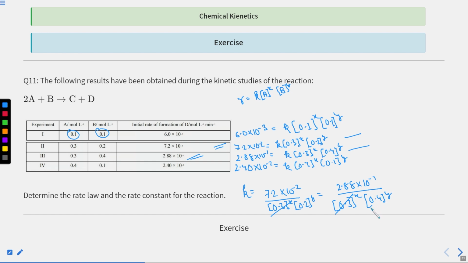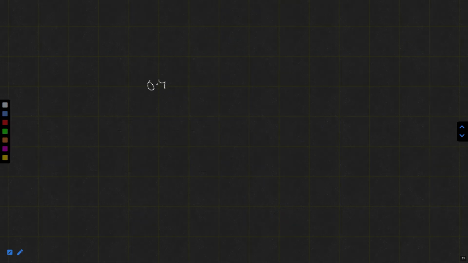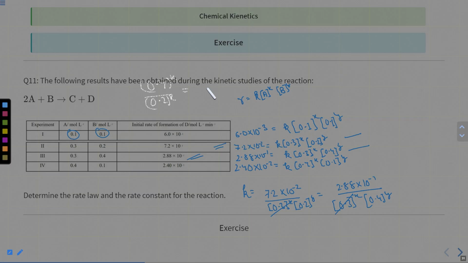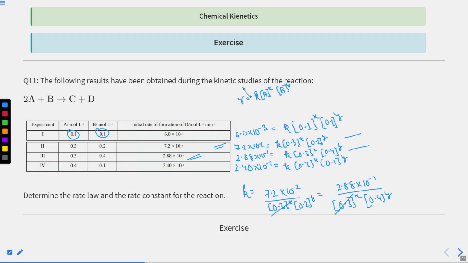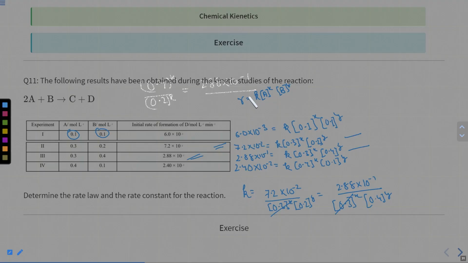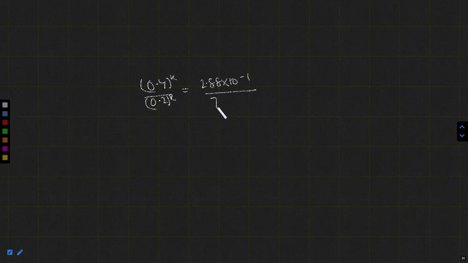If we cross multiply, that would give you (0.4)^y by (0.2)^y equals 2.88 × 10^-1 divided by 7.2 × 10^-2.